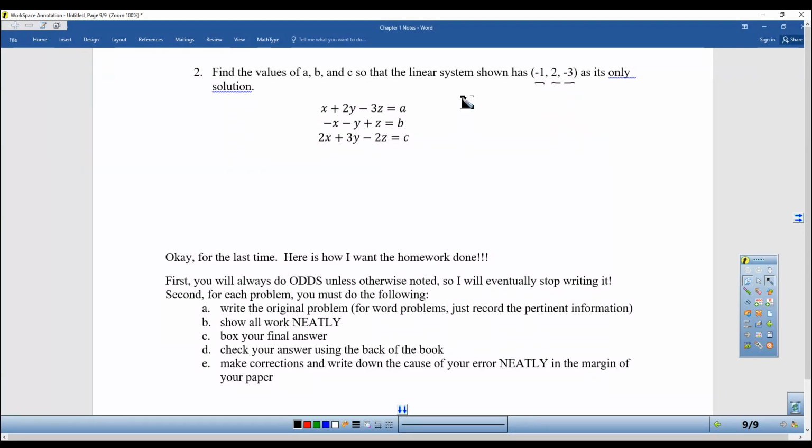So I can find A by plugging it in. -1 plus 2 times 2 minus 3 times -3. That should give me A. So -1 plus 4 plus 9 is equal to A. A is equal to 12. Go ahead and see if you can do that for B and C.